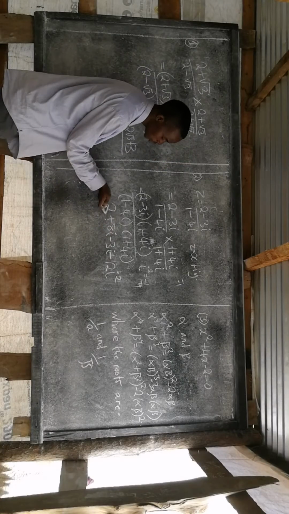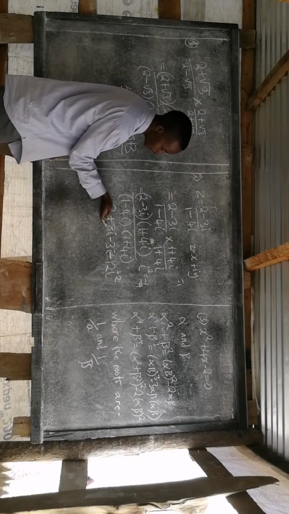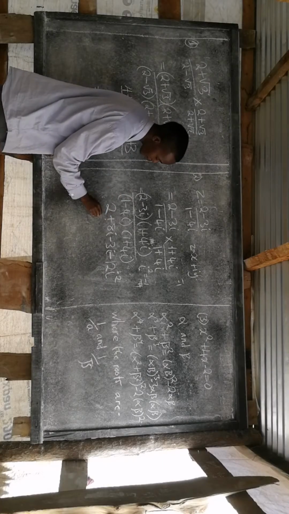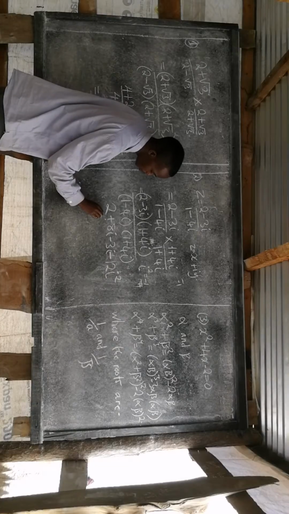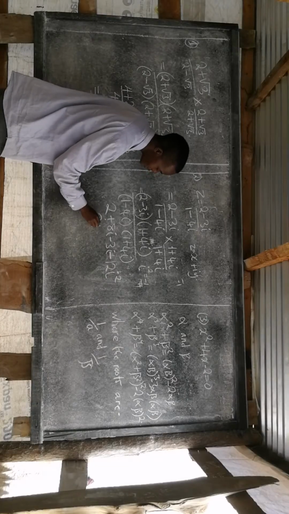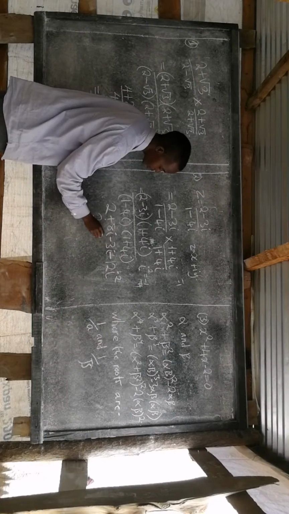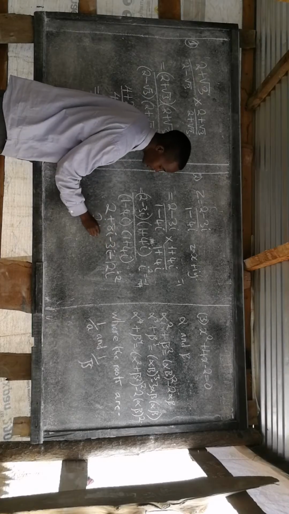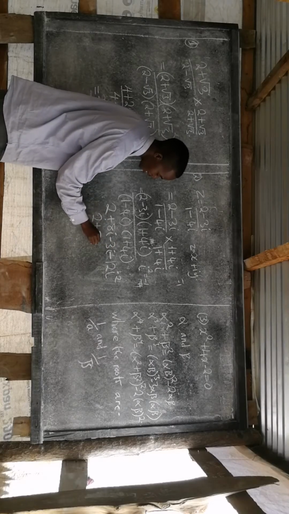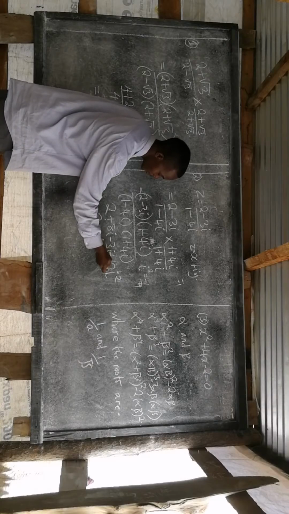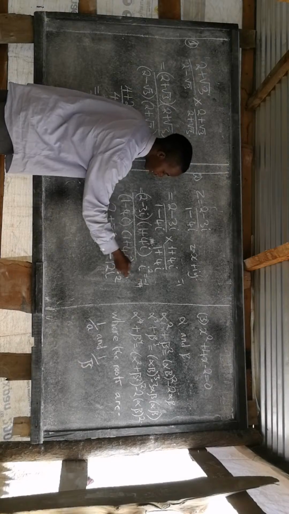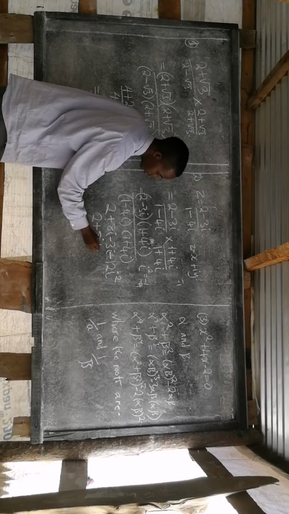So on top, what are the things that will be on top? It will be 2 plus 8i minus 3i, which is 5i. Then this, i times i is negative 1, so it will be plus 12.